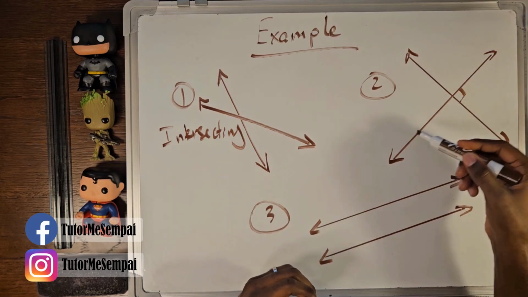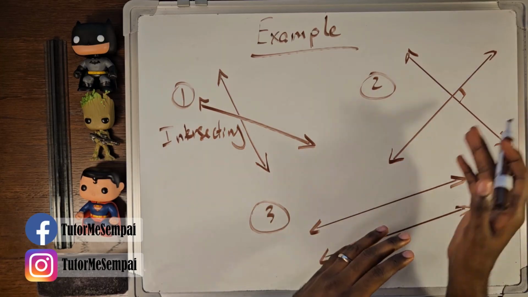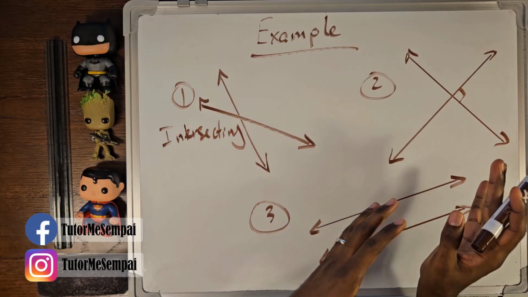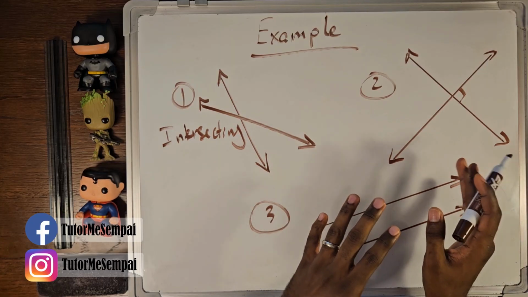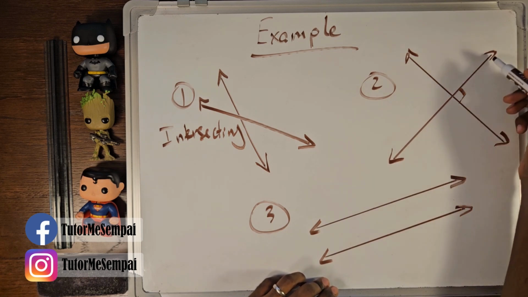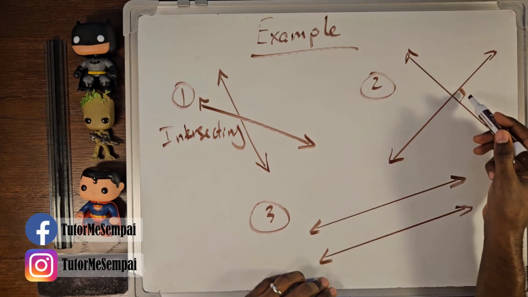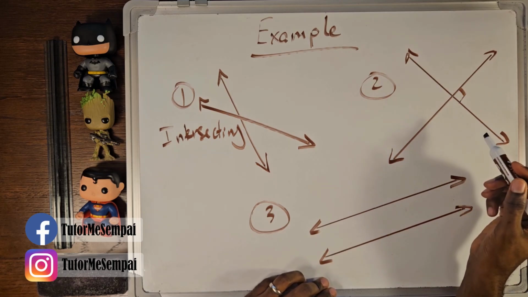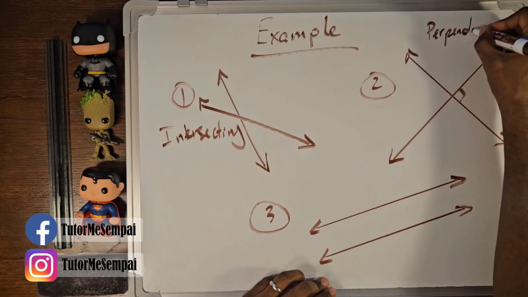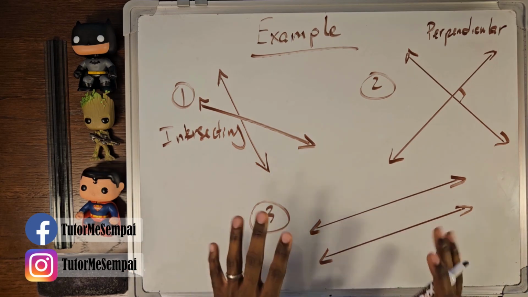But if this right here is truly straight and not some drawing, you can probably tell that this is going to be perpendicular. We're having that T or that L, right? Either the T or the L, creating this 90-degree angle here, making this perpendicular.